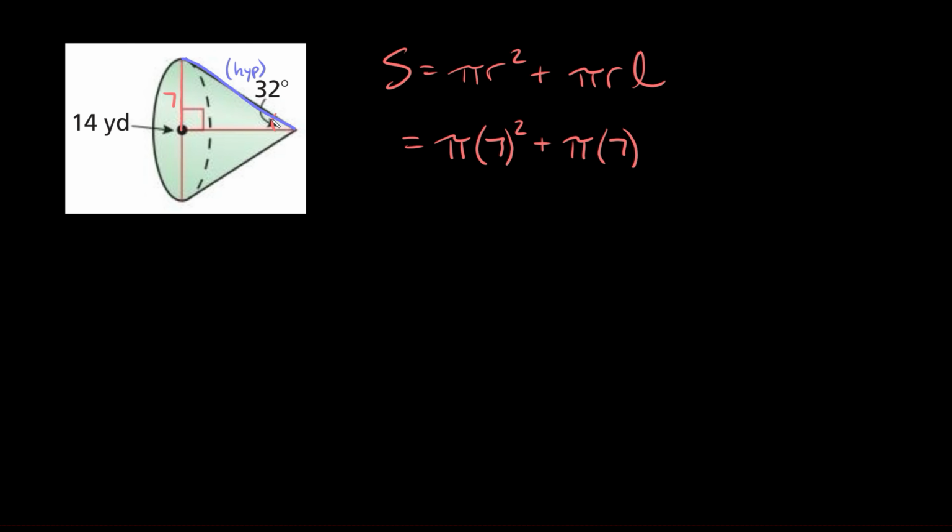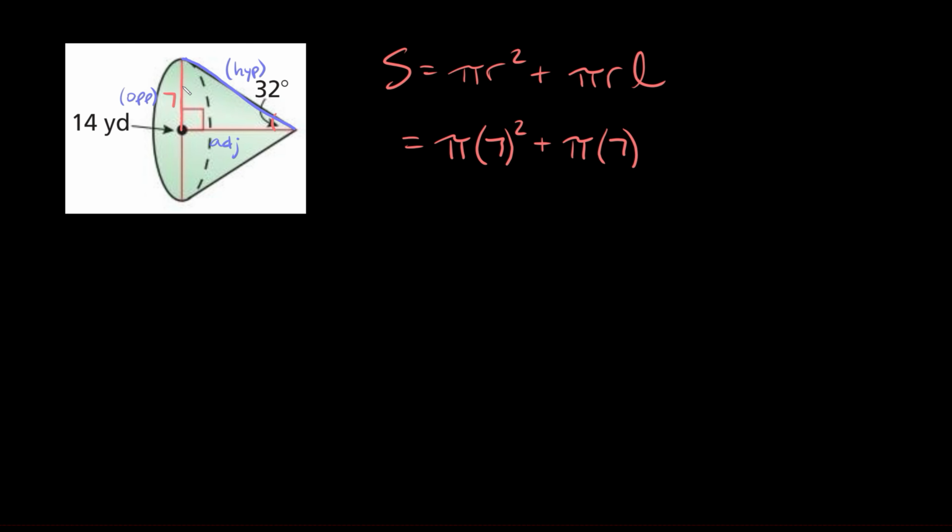In relation to this given angle, 32 degrees, the opposite side would be opening that way. So this little red side right here is the opposite side, where this 7 is. By process of elimination, this last side down here must be the adjacent side.